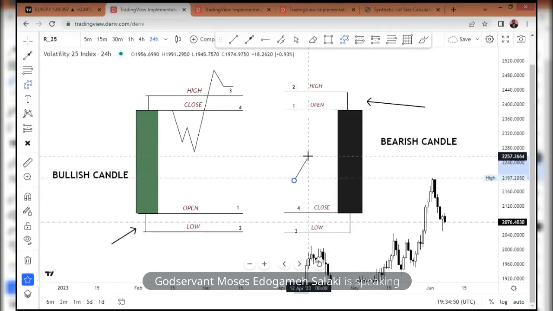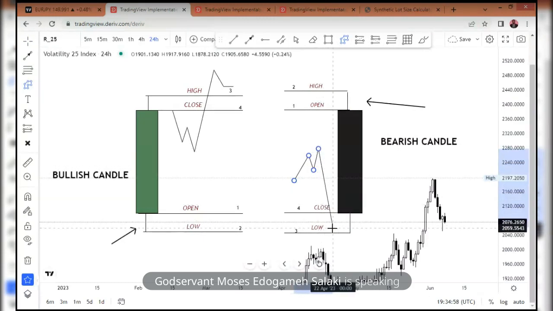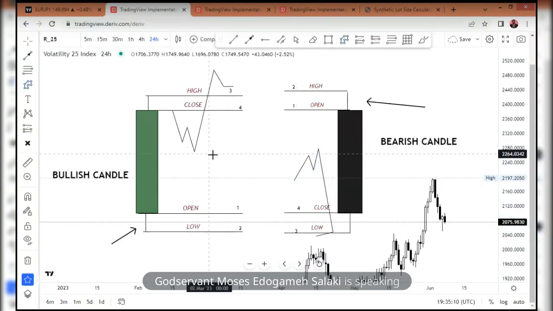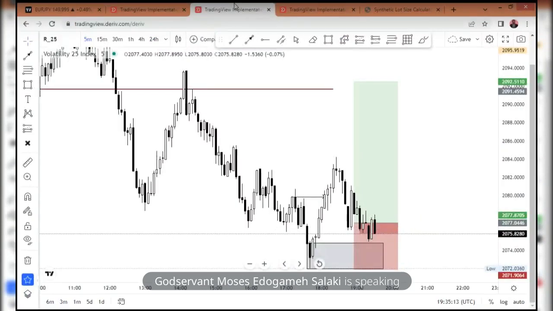First, it will come inside, create the low, come and create the high. Then after creating the high, it will come back and then close. Yeah, just something like this. That's what will happen.